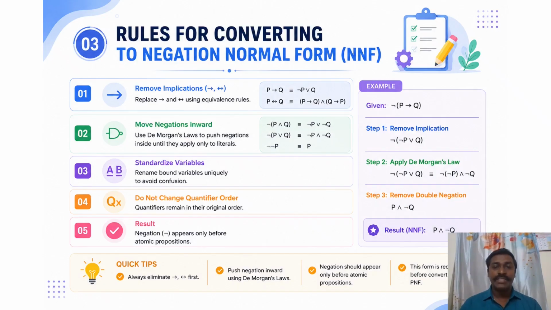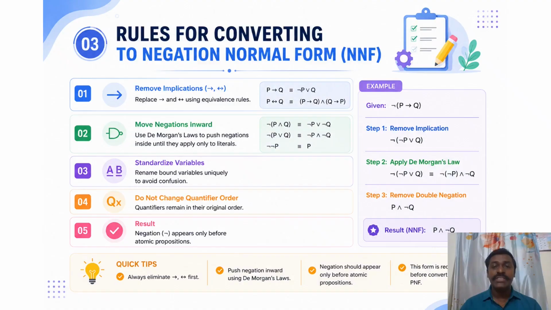If it is a biconditional, P if and only if Q, that can be replaced with P implies Q and Q implies P. Then what we have to do is move negations inward. We can use De Morgan's law to push negations inside until they apply only to the literals.